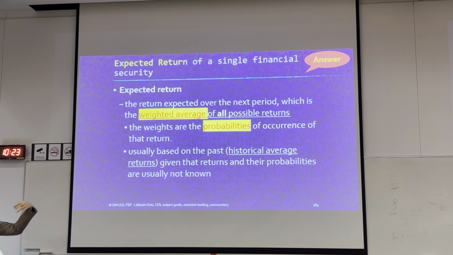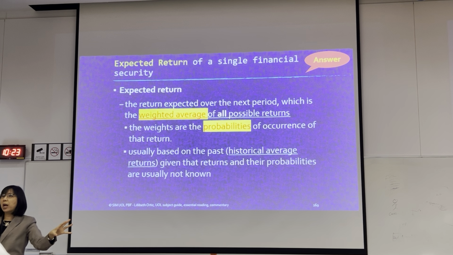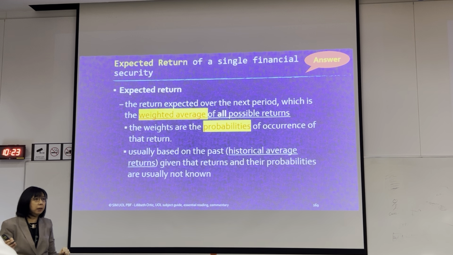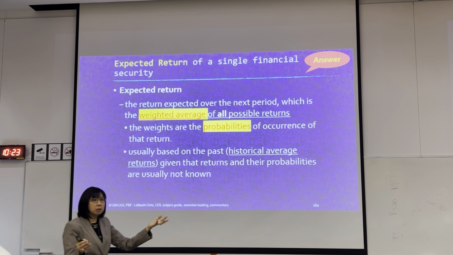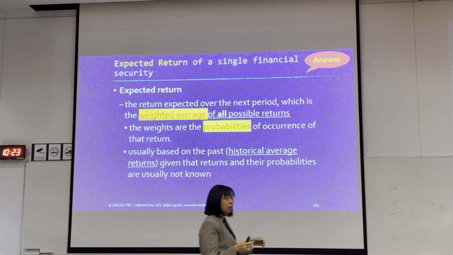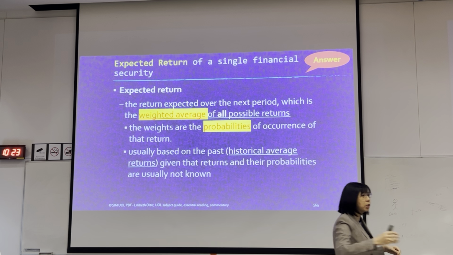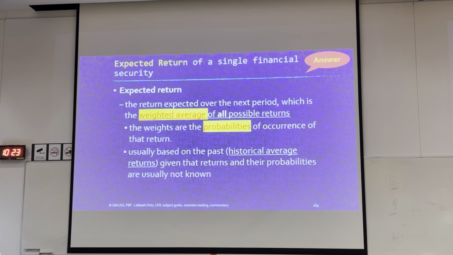It will be 10%, 5%, 20%, who knows? There's a variation of that. But there are certain probabilities. If you know, okay, 50% chance that its return is 10%, 25% chance it might be 5%, another 25% chance it will be 20%, right?